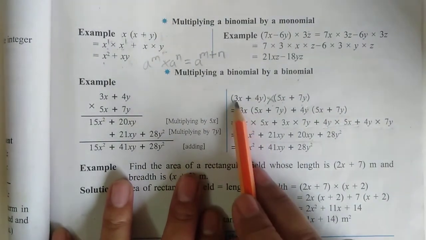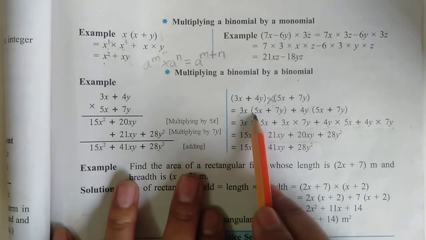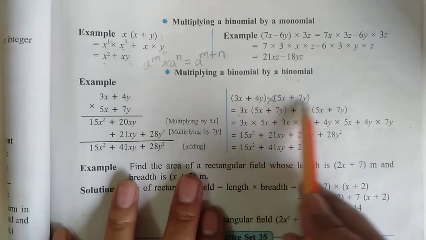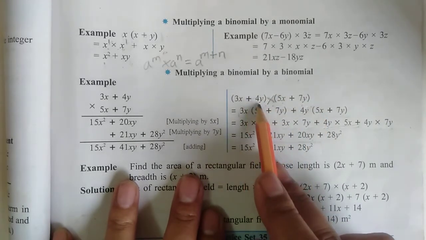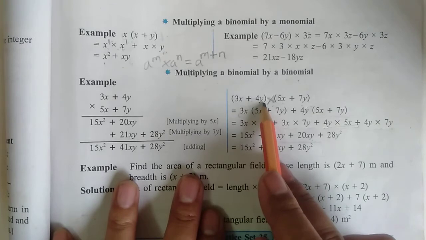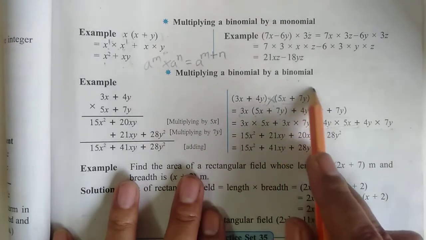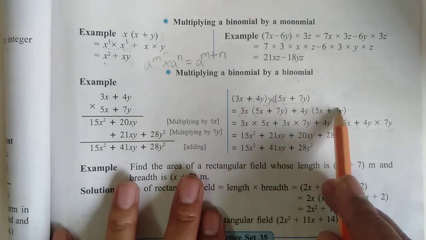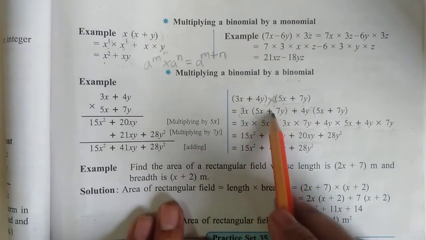Firstly the first term of the first binomial is multiplied with the second bracket, the second binomial. Plus 4y, the second term of the first binomial, is multiplied with the whole second bracket. Very simple.